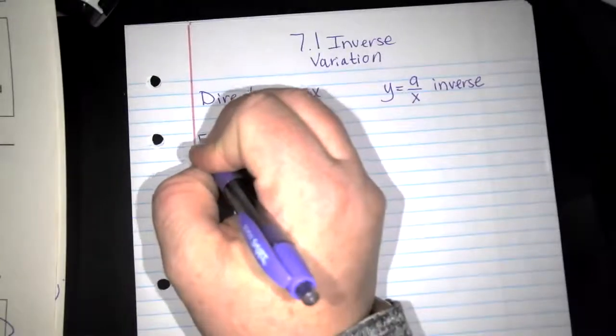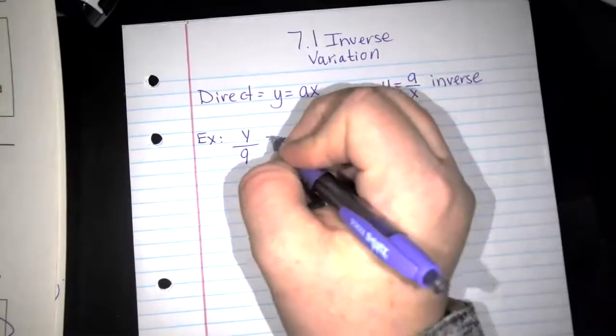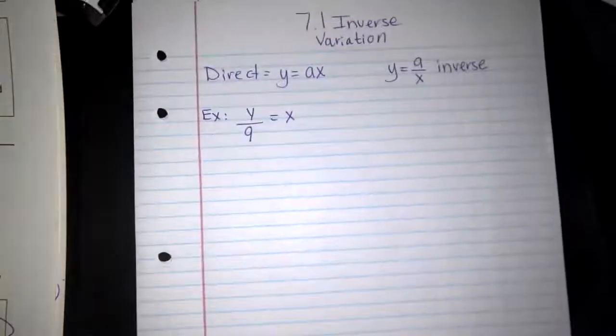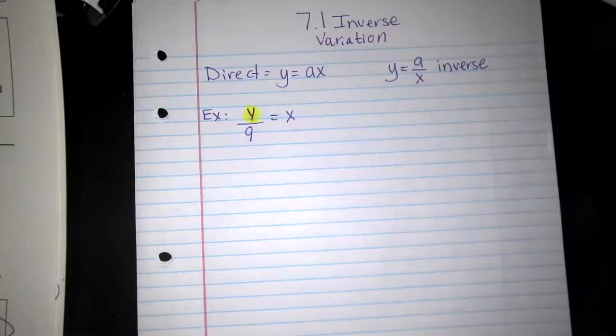So here are your examples. Is this direct? Is this inverse? Let's get it written so that we're y equals. Multiply by 9. So instead of dividing by 9, multiply by 9.